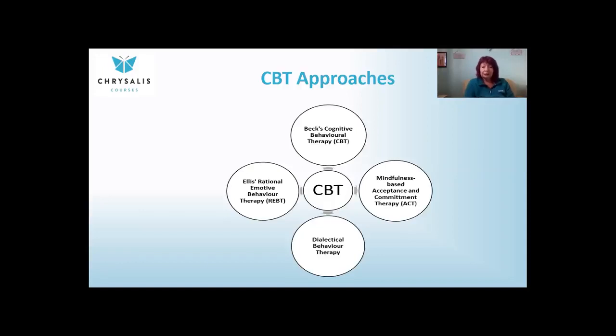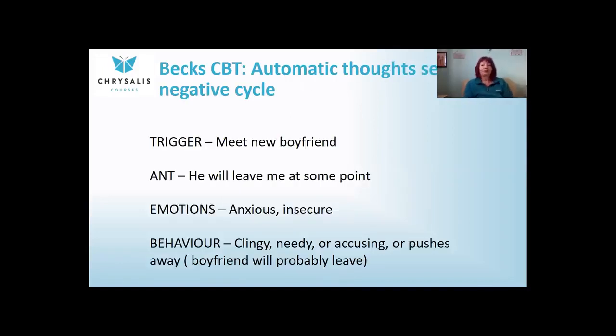So let's look at an example of how automatic thoughts set off a negative cycle. In this example, the trigger is meeting a new boyfriend. And this person's automatic negative thought is he will leave me at some point. Now that thought would have come from this person's schema.